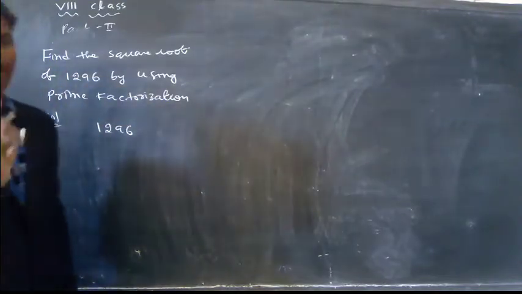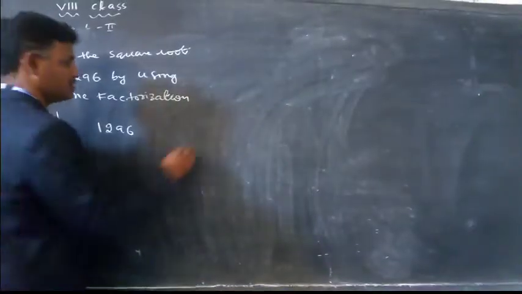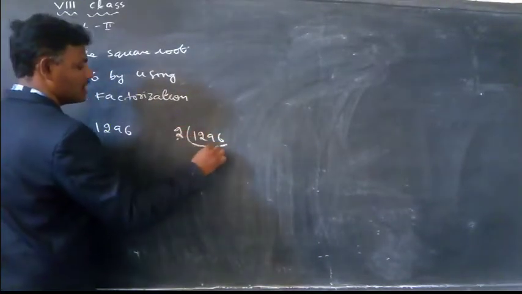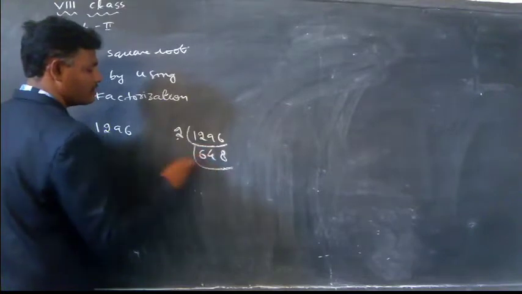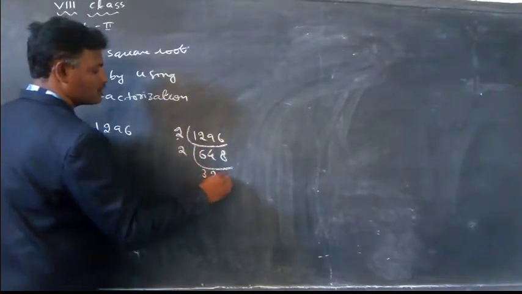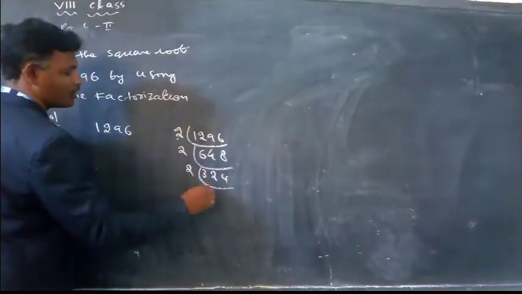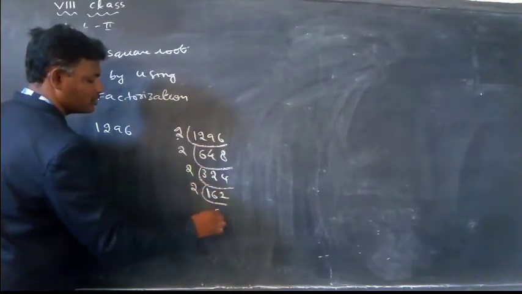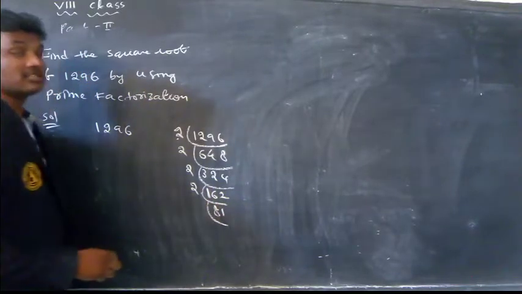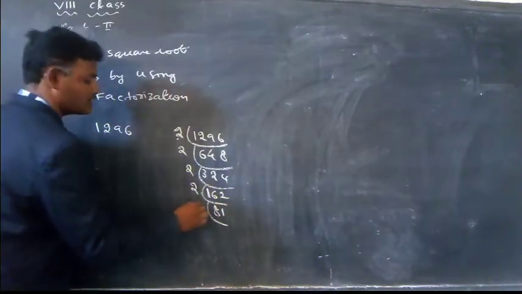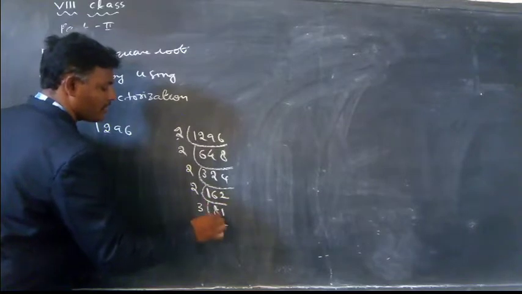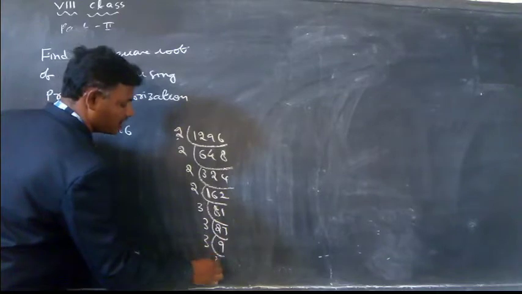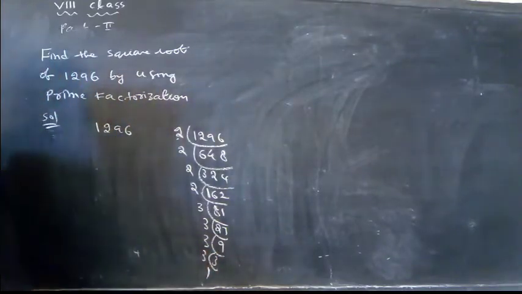You have to divide this 1296 into prime factors. 2 sixes are 12, 2 twos are 4, 2 fours are 8, 2 eights are 16, 2 sixes are 12, 2 twos are 4... 81 does not go into the 2 table. So let's move to the 3 table. 3 twos are 6, 3 nines are 27, 3 threes are 9, 3 threes are 9, 3 ones are 3.